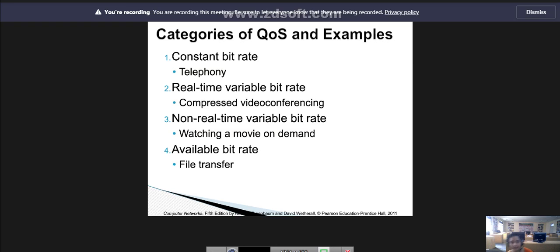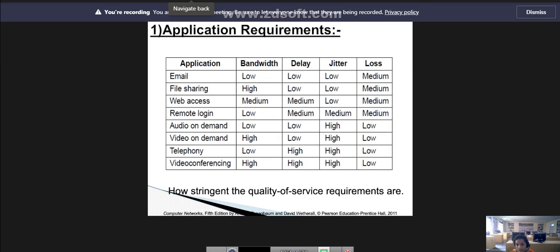Real-time variable bit rate: compressed video conferencing. Non-real-time variable bit rate: watching a movie on demand. Available bit rate: file transfer. So these are the different categories in quality of service and approach.